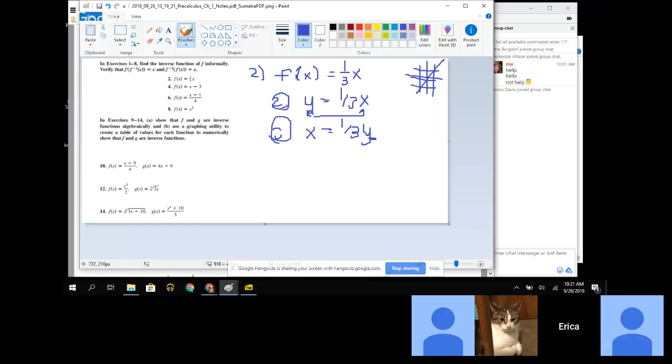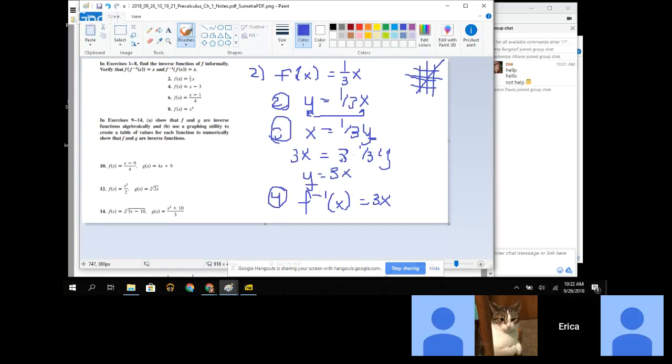In order to get y by itself, I'm going to multiply both sides by 3. So 3x equals 3 times 1/3 y, or y equals 3x. Then step 4 of finding an inverse is to change your y to the inverse of f of x, so the inverse of f of x equals 3x.